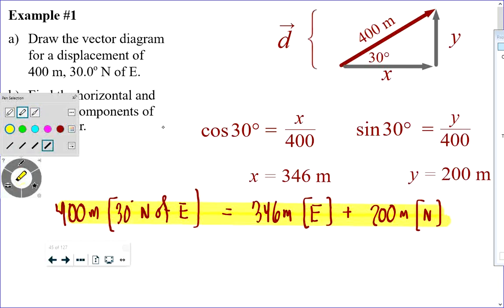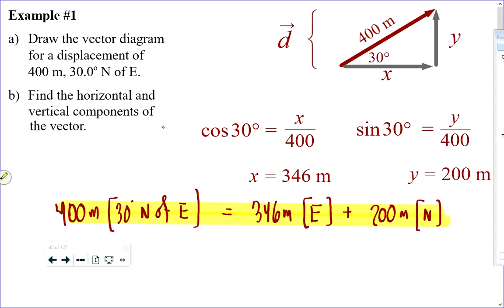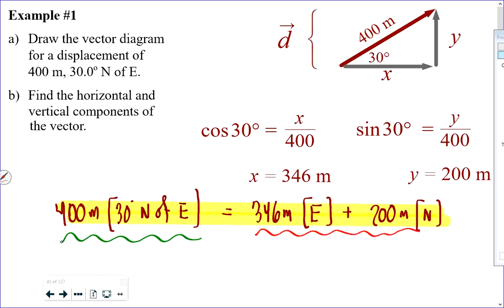That's like saying 10 equals 2 plus 8. So where we started with this kind of idea today is you don't know how to add vectors that are at these weird wonky angles because they're not north, south, east, west. You don't know how to work with this type of vector, but you know how to work with these types of vectors. So work with those types of vectors instead of the one that's at a weird angle. This is where we're going.